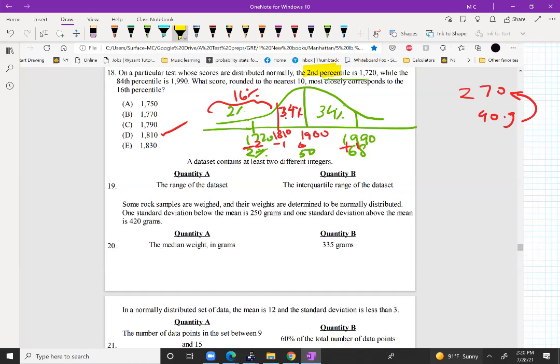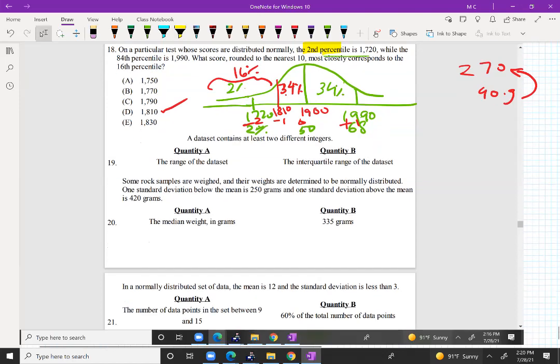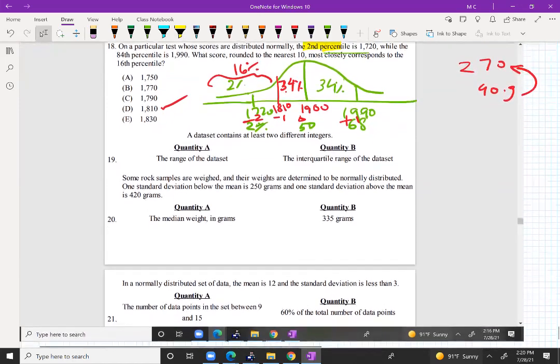I'll say D. For D? Yeah, you got it right. Range is like maximum minus minimum.